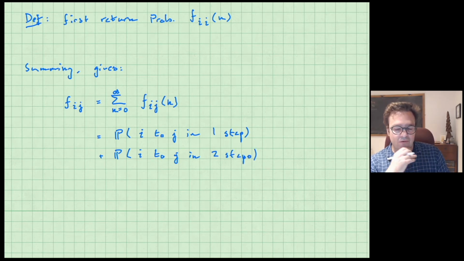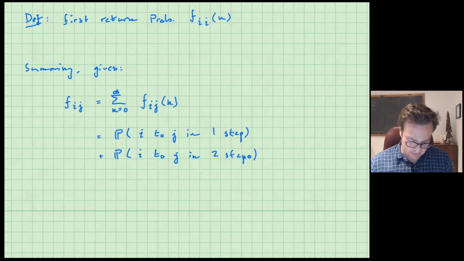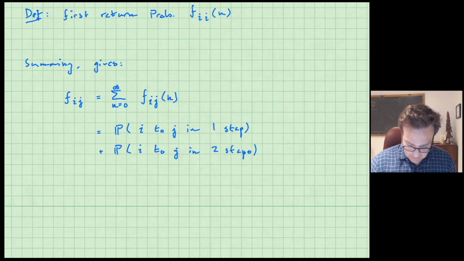So this is the first arrival at j after you were in I, right? And so on, you keep adding these up: I to j in 3 steps, and this just goes on forever.